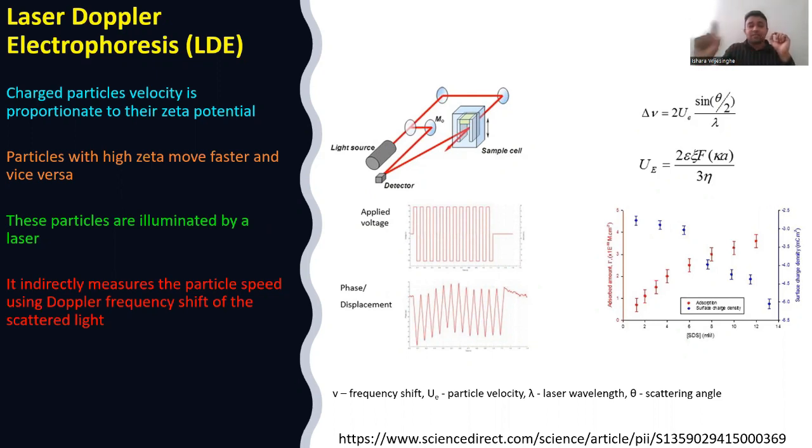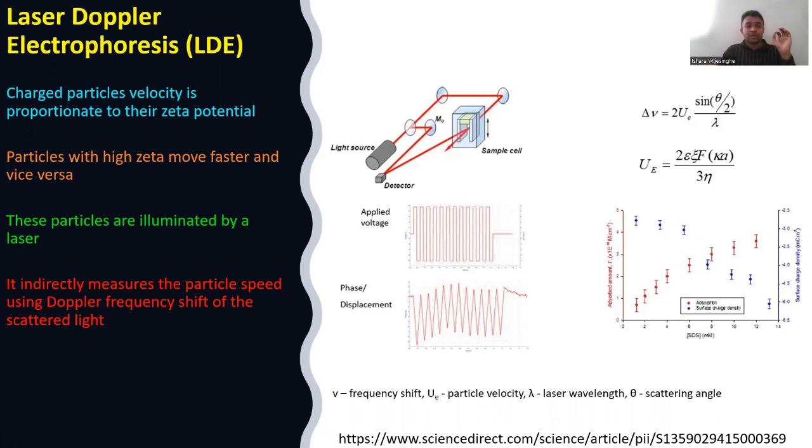So particles with high zeta potential move faster, and vice versa, meaning the other way around. If the particles have low zeta potential, they move slowly.